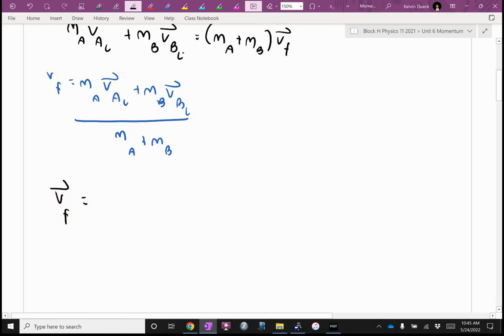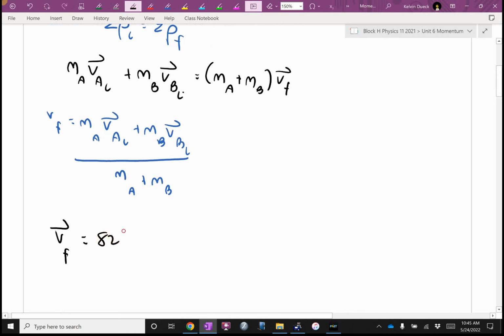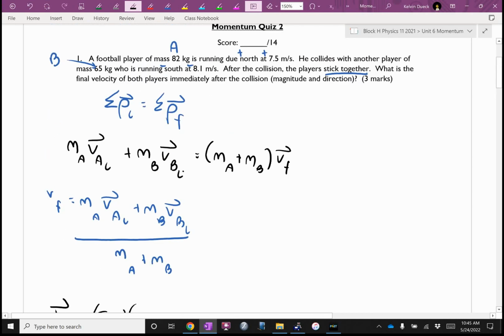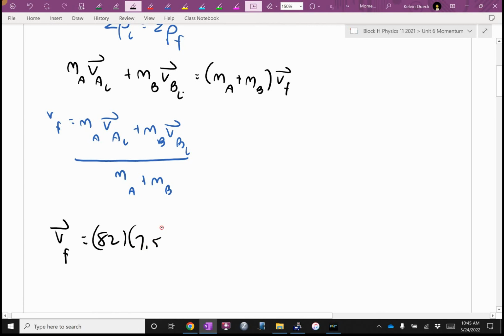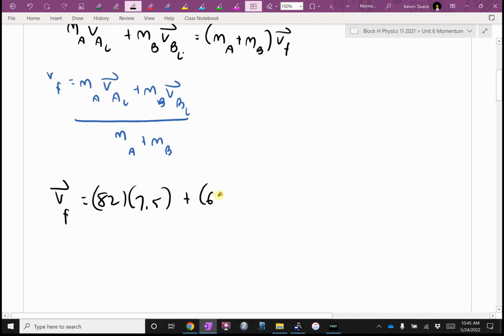V F equals M A 82 positive 77.5 plus M B 65 negative 8.1 all over 82 plus 65.